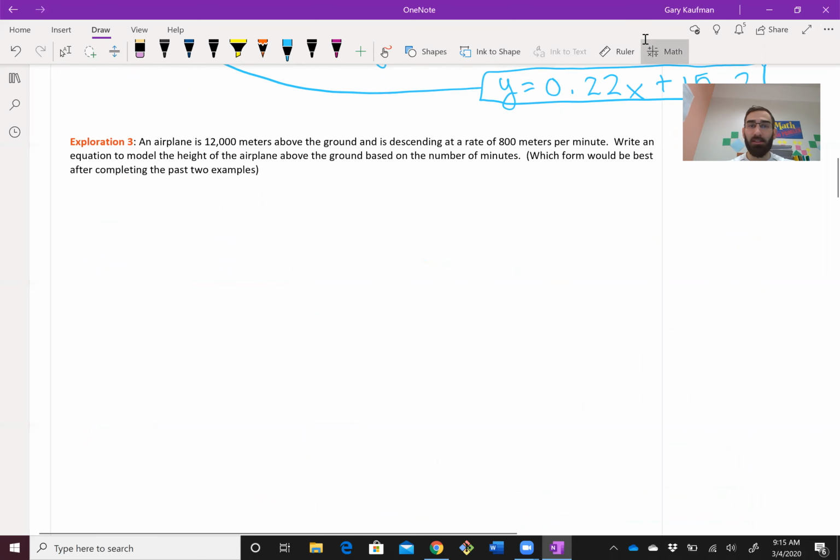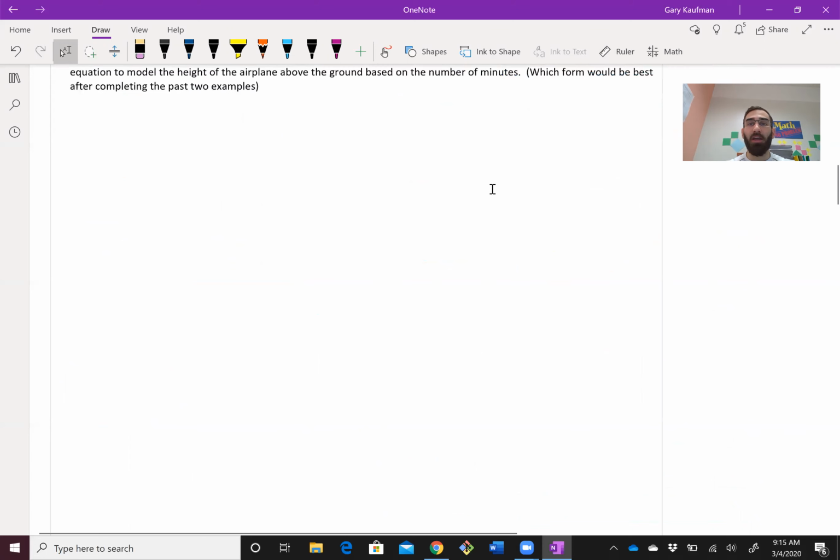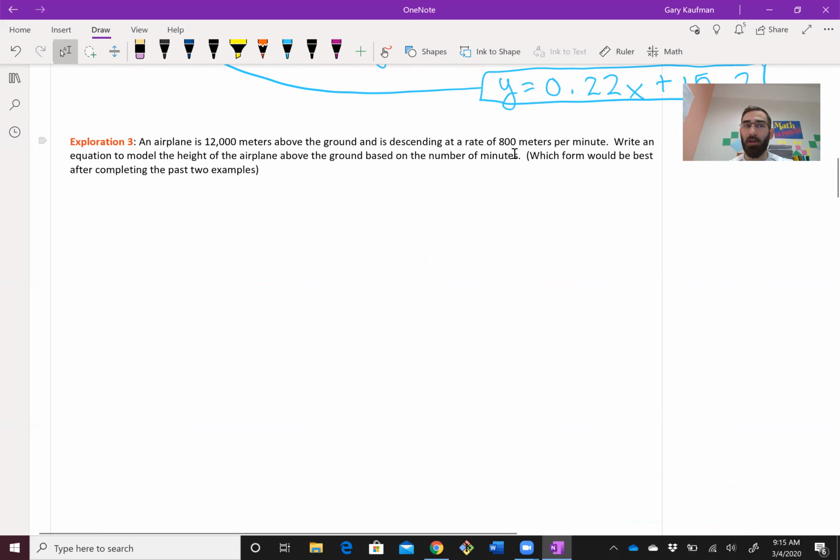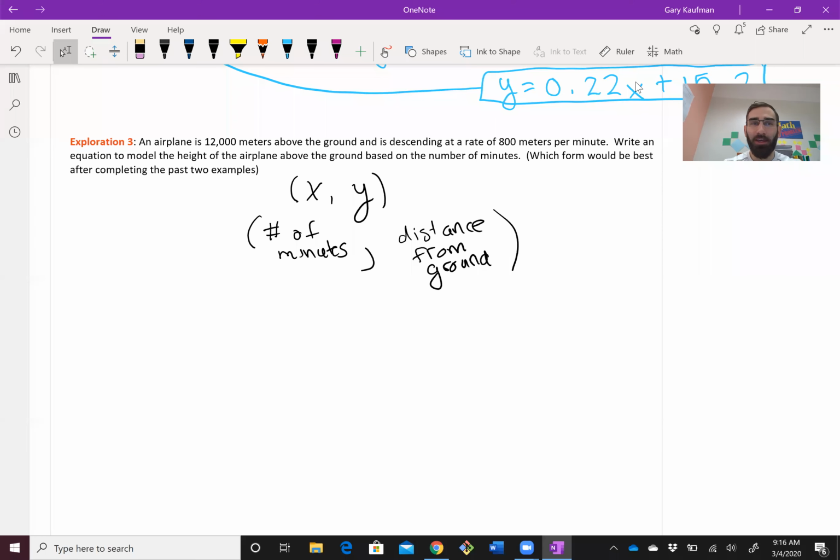Remember, 6 minutes max. Because I, again, didn't tell you which variables to use, let's again just go with x, y. All right, 6 minutes. Okay, so hopefully as we're starting to do these and see them, we're starting to see some key information. For example, we're starting at 12,000 meters above the ground.